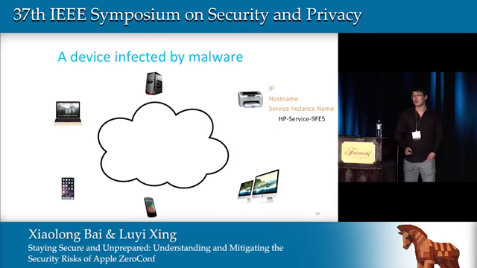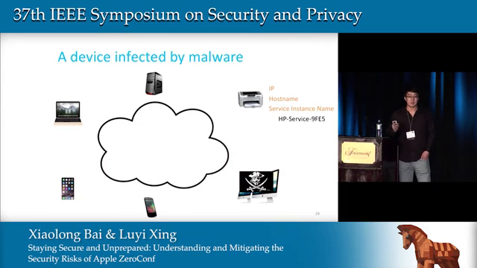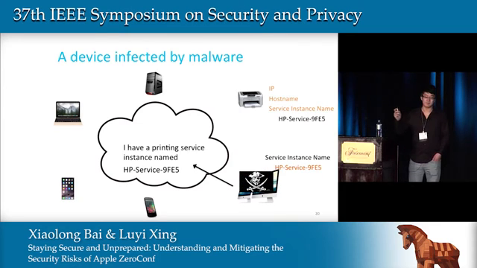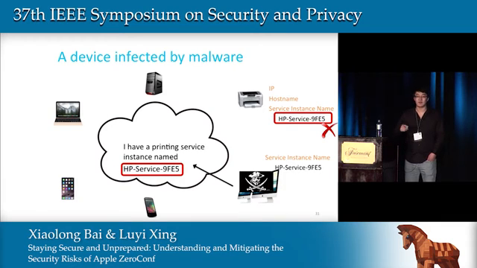So let's break zero configuration. And the first case is the printer. In the network, the attacker has control of one device. The adversary claims that I have a printing service named blah blah, which is exactly the same name as the victim printer.